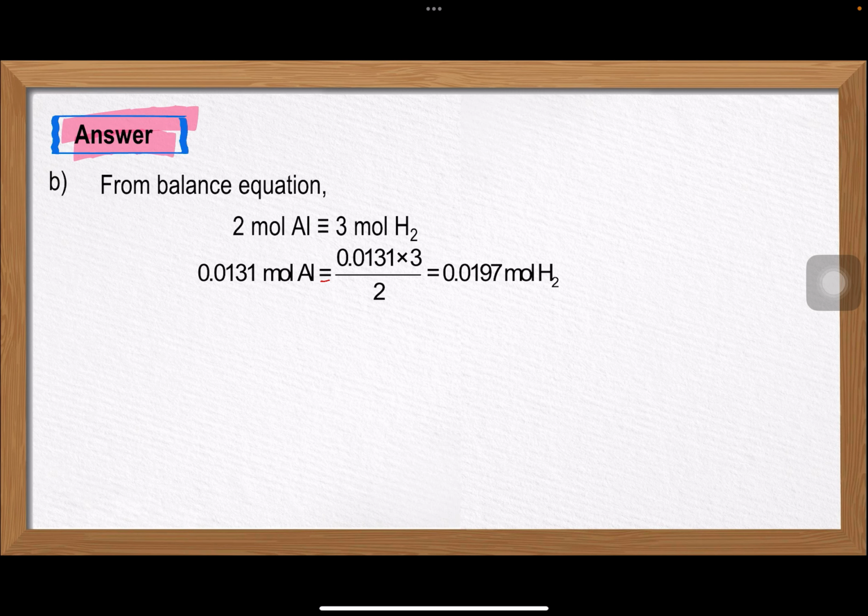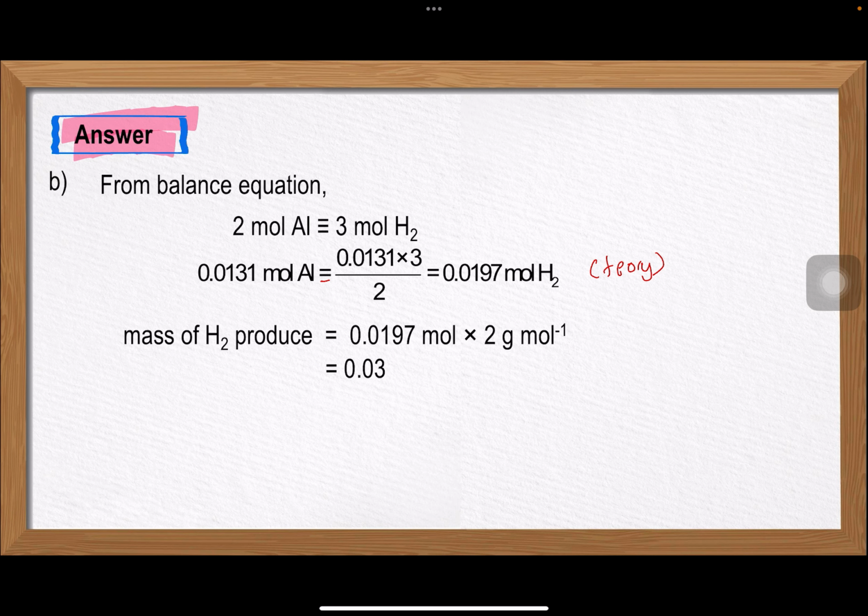This is the theoretical mole. You can just use it, or you can also change it to mass. So mass of hydrogen: 0.0197 mole, change to mass times 2 because hydrogen is H2. So the theoretical yield is 0.0394 gram.